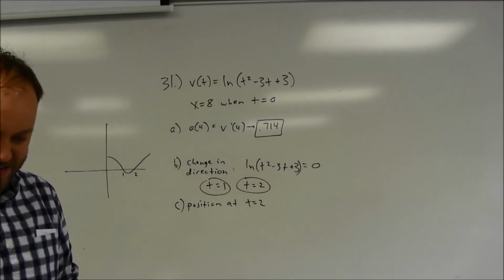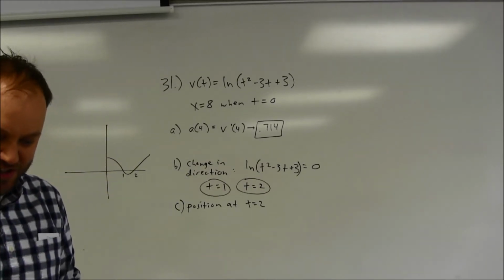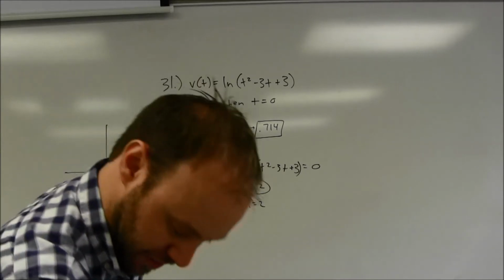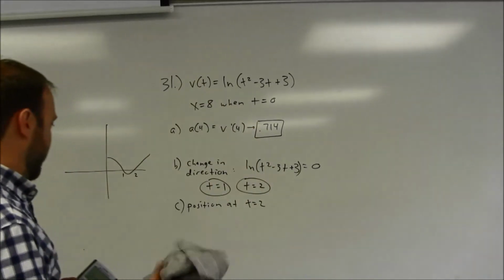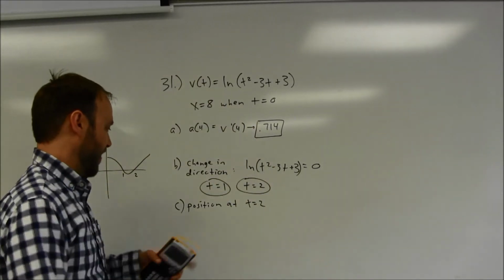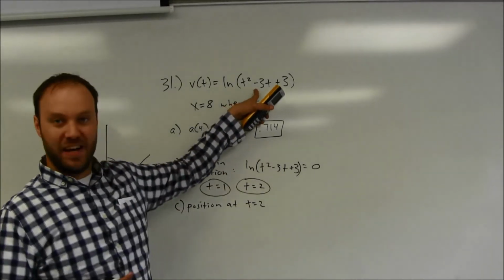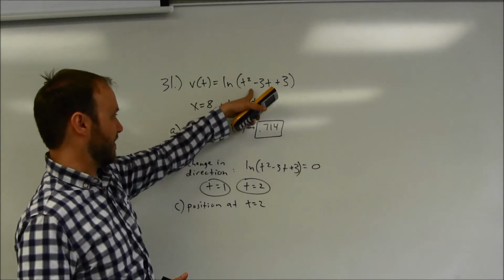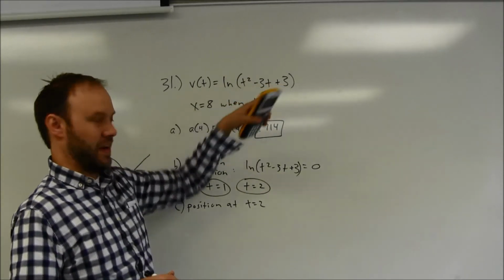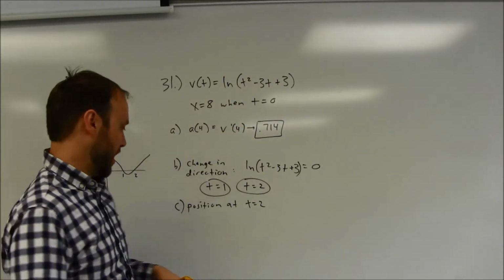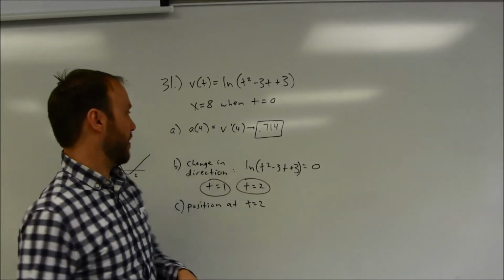The last part D asks me to find the average velocity of the particle over the interval. Oh wait, skip part C. This asks me to find the position at time t equals 2. I don't know how to integrate this. The derivative of the inside function has a 2t and a -3 in it. I don't have that. But I can view this as an accumulating function.